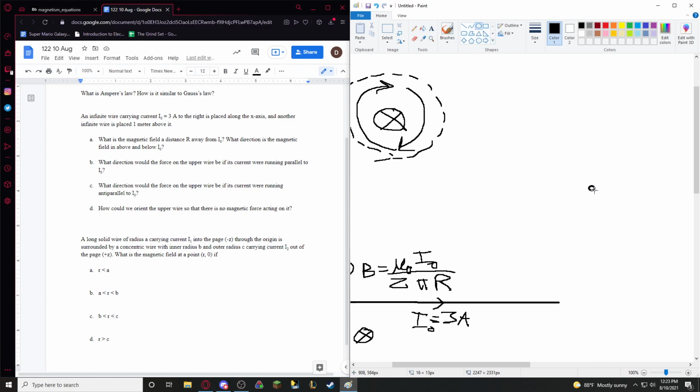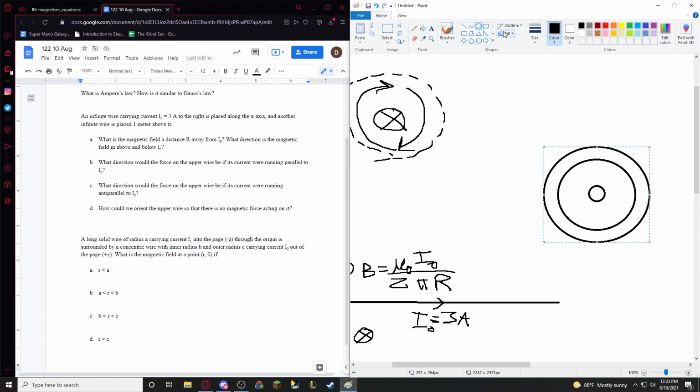We have a wire of radius A carrying current into the page, and we're going to surround it by a concentric wire of inner radius B and outer radius C. Let's fill these in. Boom, there's our two wires.